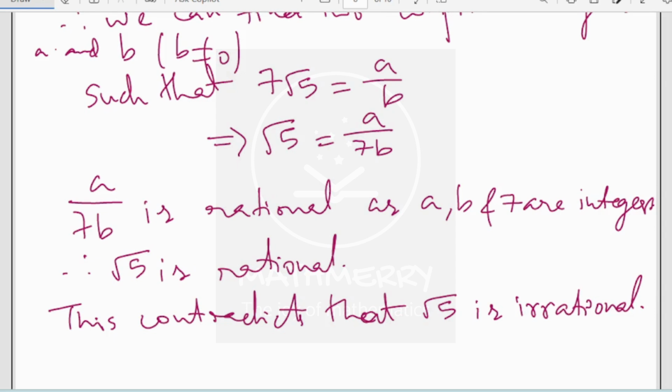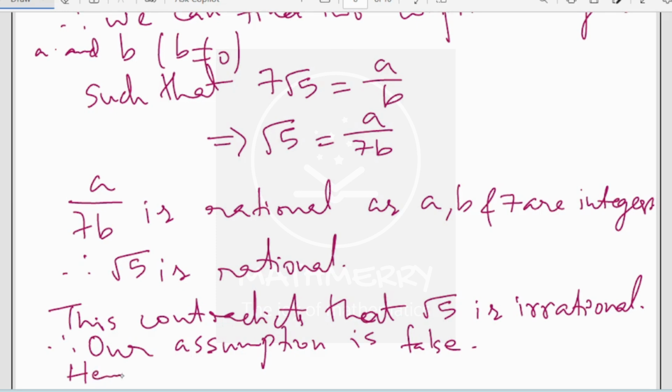Okay, now so that means our assumption is false. So hence we can say that 7 root 5 is irrational.